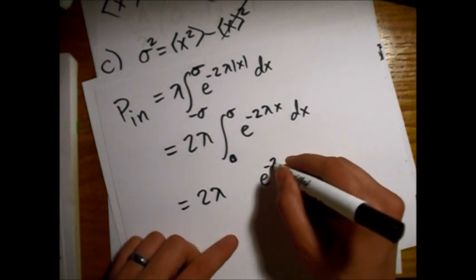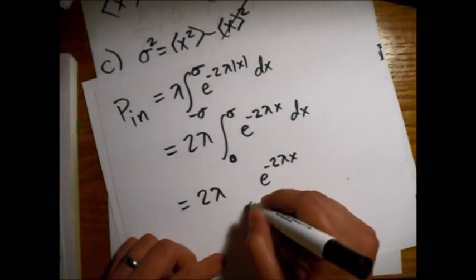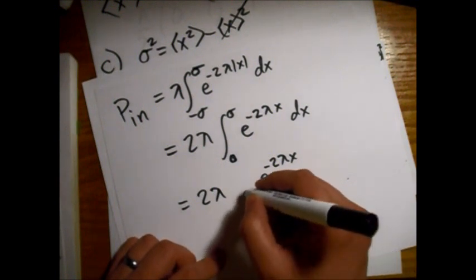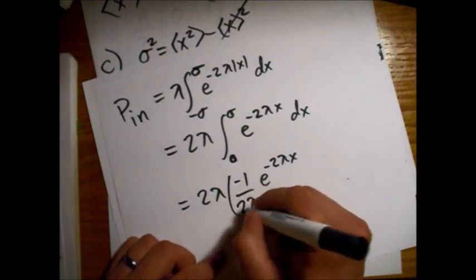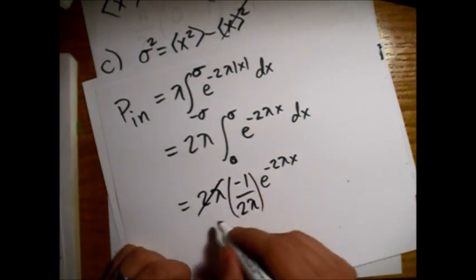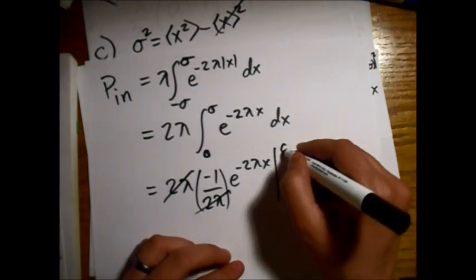So e to the minus 2 lambda x over minus 2 lambda on the bottom, so put the minus sign up front, and then 2 lambda on the bottom, and check that out. That cancels out nicely. And this is from 0 to sigma.